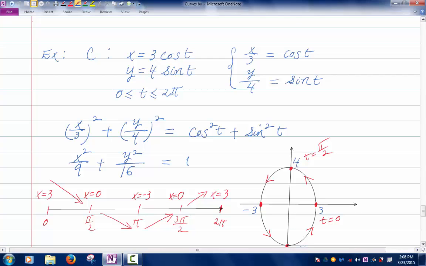Then if I take the square of x over 3 and the square of y over 4, I get cosine squared plus sine squared. And once again, we know that x squared over 9 plus y squared over 16 is going to be 1. Is that derivation clear, how you are obtaining that equation involving x and y? So we eliminated the parameter t and obtained an equation involving x and y.